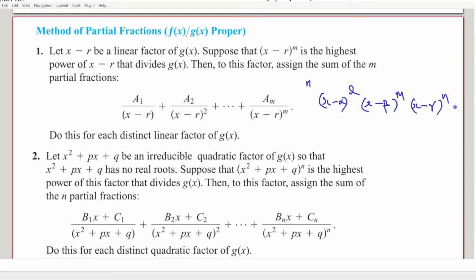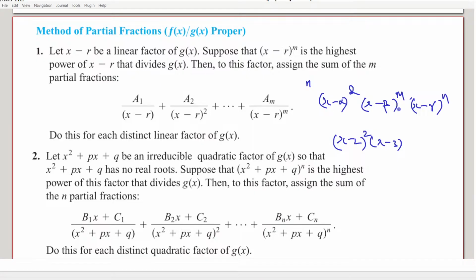If the root is not repeating, this l will be 1. If the root is repeating 4 times, this l would be 4. So for example, x minus 2 into x minus 3 means l is 1, m is 1. Or it could be something like x minus 2 whole square into x minus 3, which means l is 2, m is 1.